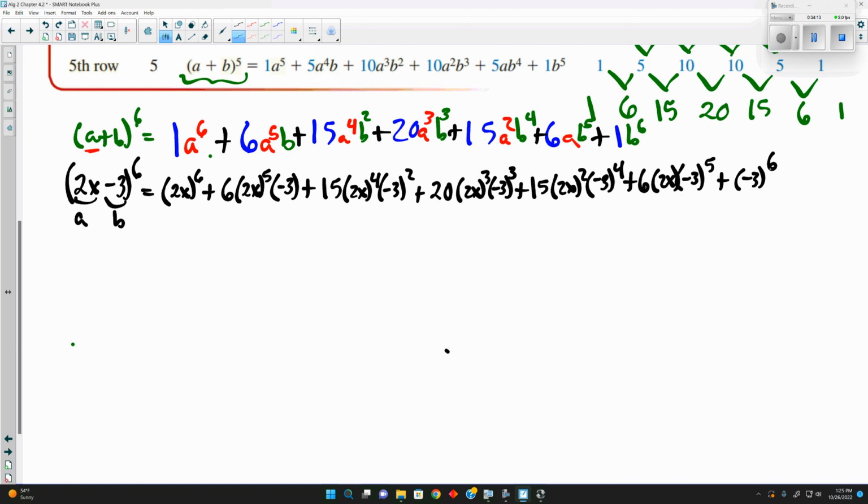Again, this does seem like a massive thing, but compared to multiplying it by itself 6 times, it's significantly smaller.